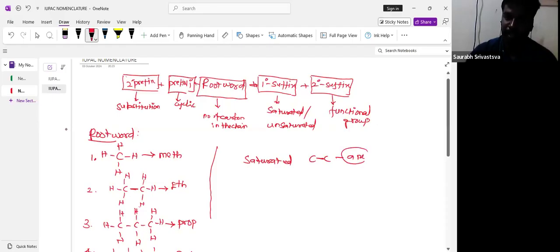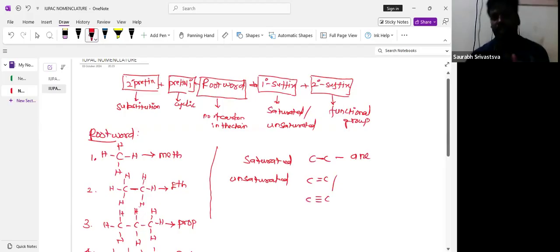That means the primary suffix will be ANE. Next, if it is unsaturated, carbon with carbon double bond or carbon with carbon triple bond.